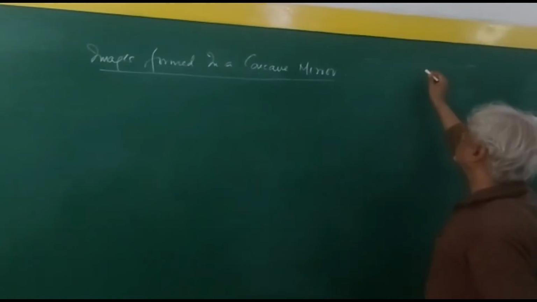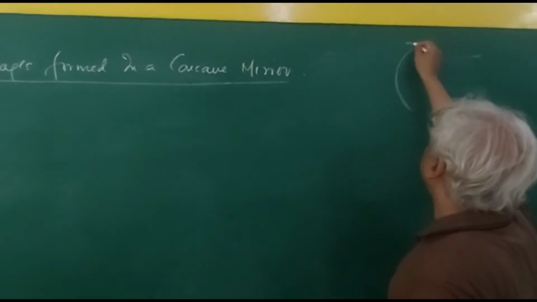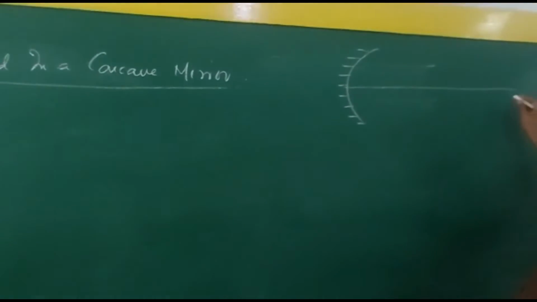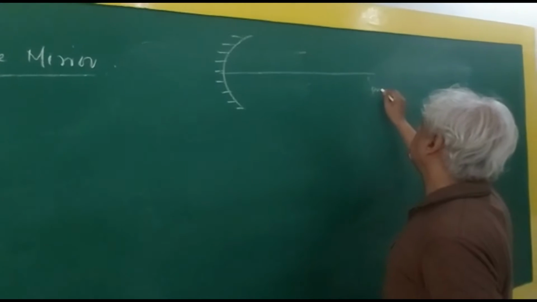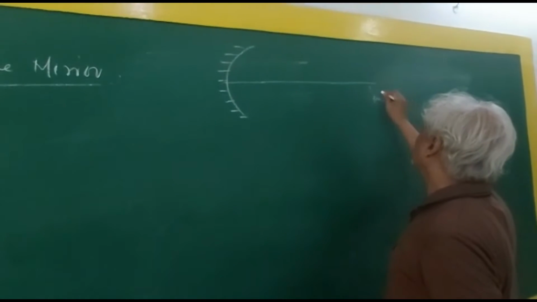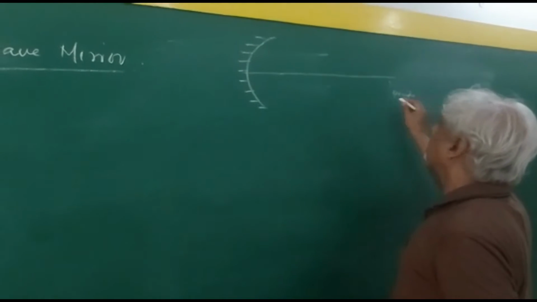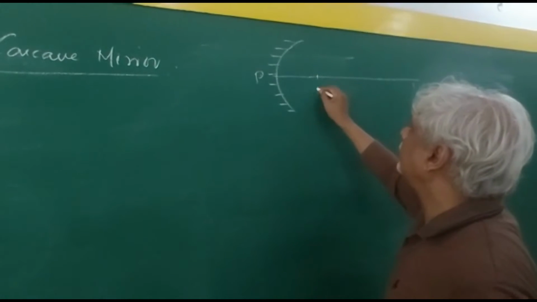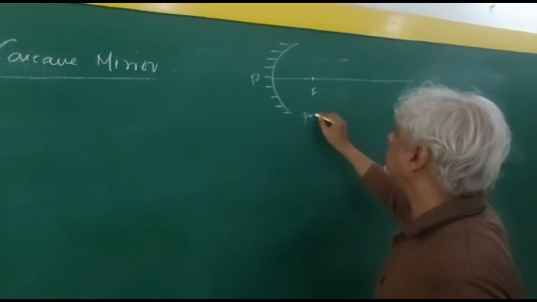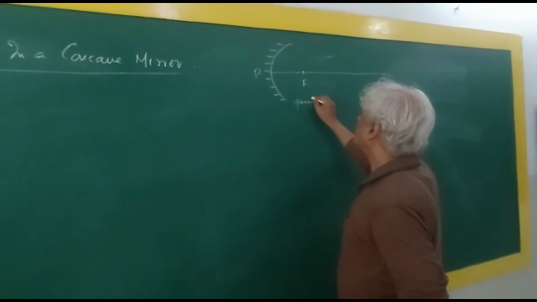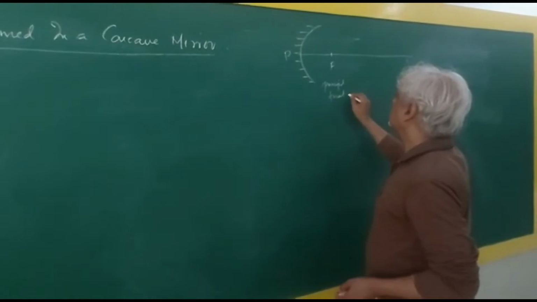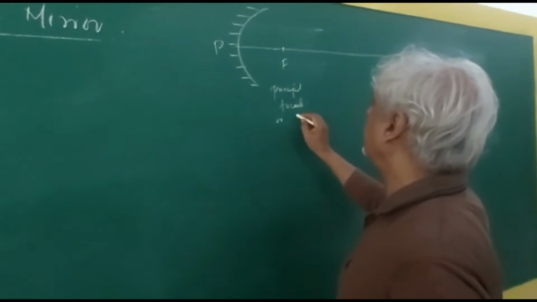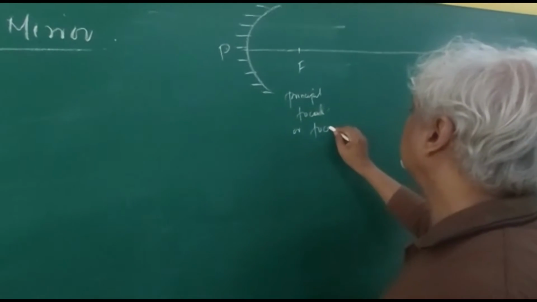Let's say this is our concave mirror. And this is your principal axis. This is the pole of the mirror. Then we have the principal focus, or we could say the focal point.